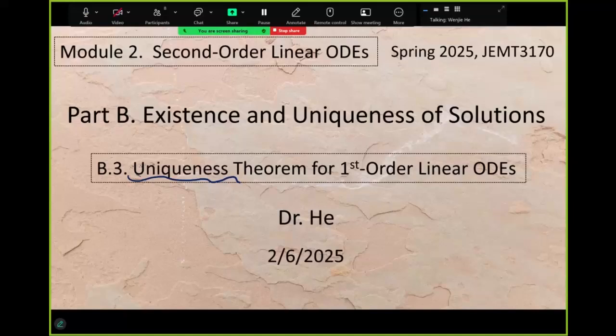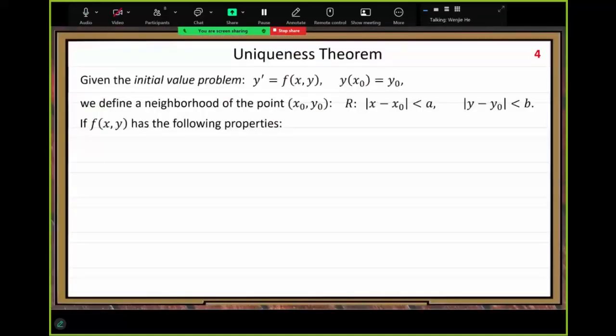This time I just give you the uniqueness theorem directly. When I give you this theorem, you can see the setting is the same as the existence theorem, but the condition part is different.